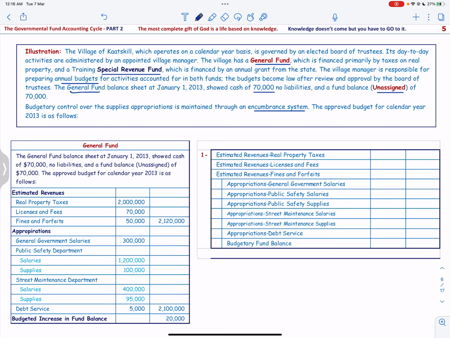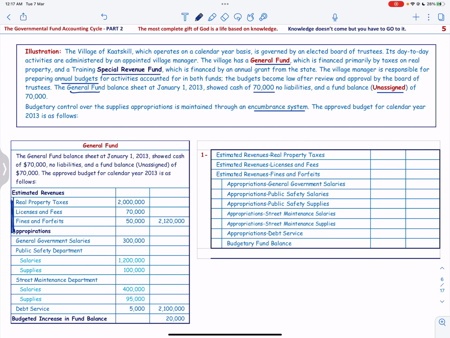Okay. So governments generally use vouchers for payments. That's why we will be using vouchers to record the liability before payment. And first of all, the adopted budget is going to be recorded in the general fund at the beginning of the fiscal year. So the first journal entry is made for the estimated revenues, and the estimated revenues are debit, and as the government earns revenues, the estimated revenues is reduced by actual revenue received.